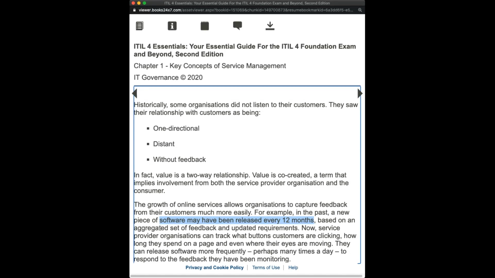Now, service provider organizations can track what buttons customers are clicking, right? They do know how much time you spend on, let's say, a certain product, or the page where their eyes are moving.